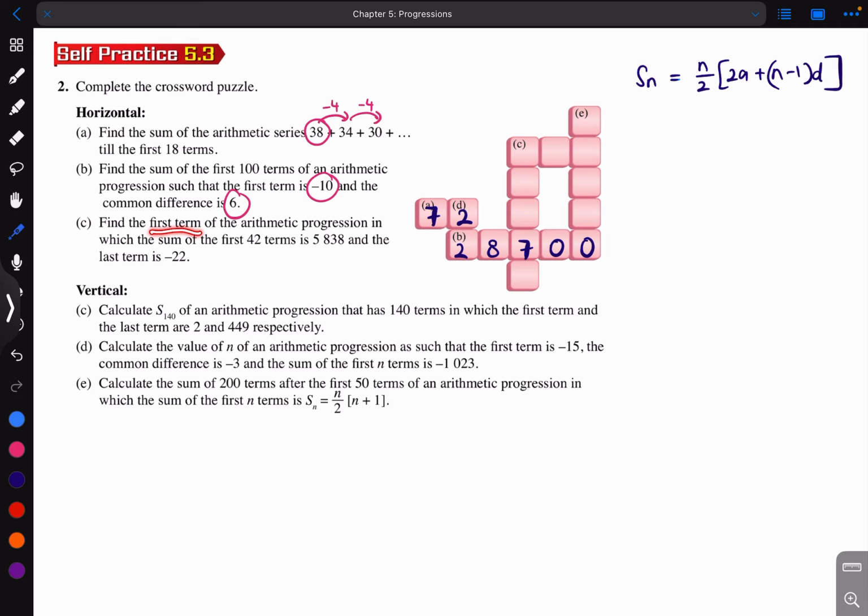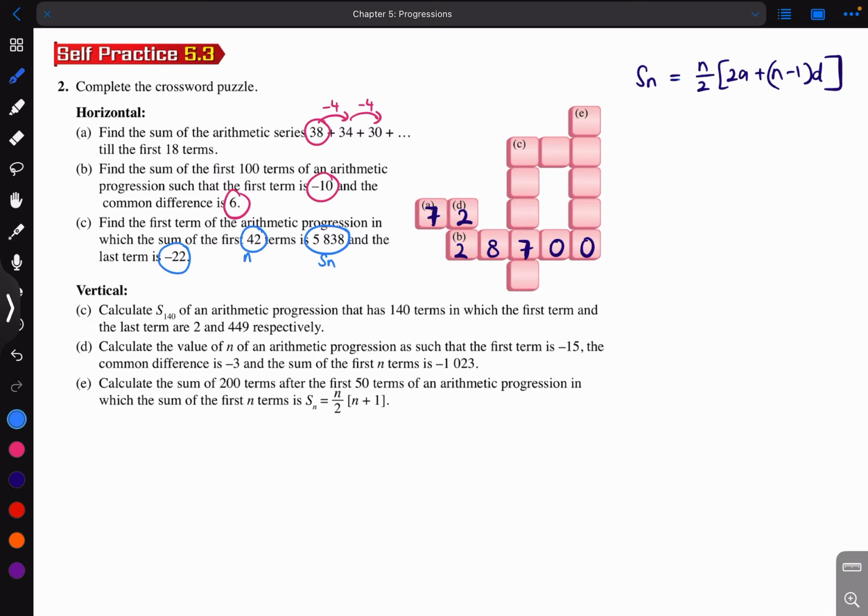Find the first term of the arithmetic progression in which the sum of the first 42 terms is this and the last term is negative 22. Okay. If they say first 42 terms, it means n is 42. Sum of the first 42 terms means this is Sn.